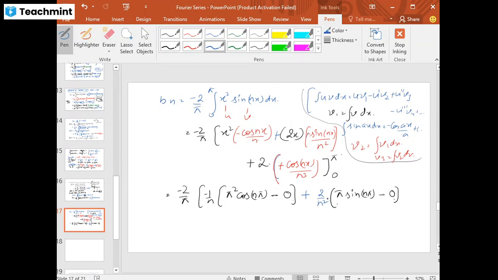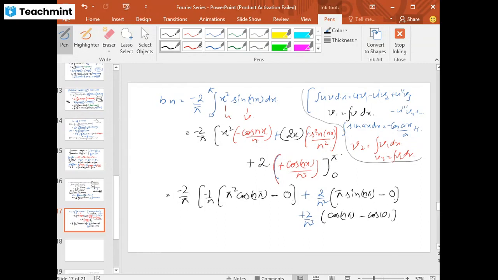Come to the last term. Last term is 2 upon n cube. So on substituting upper limit, cos n pi minus cos 0.